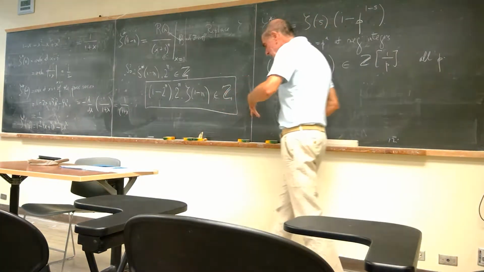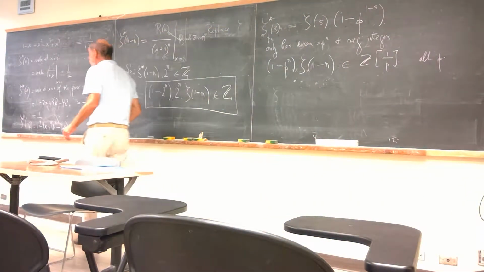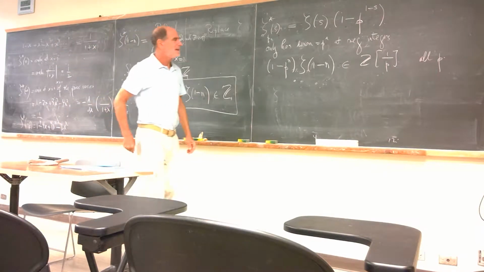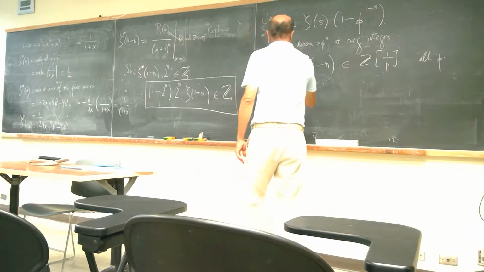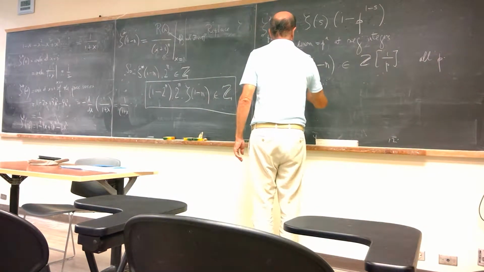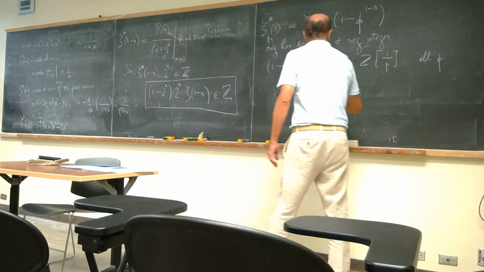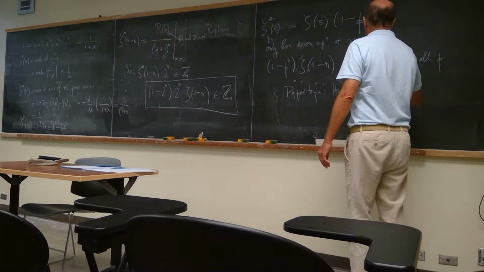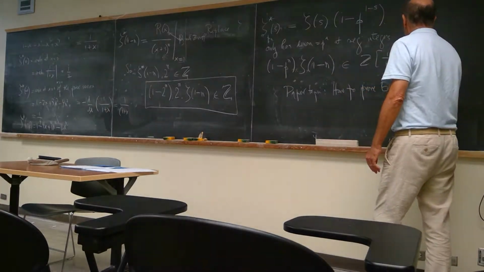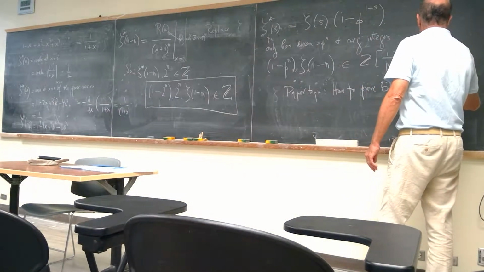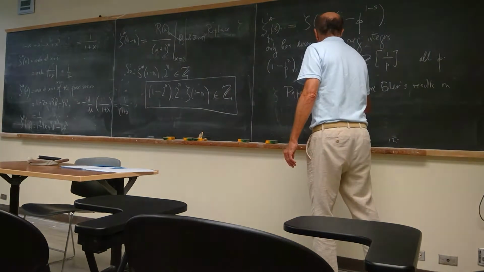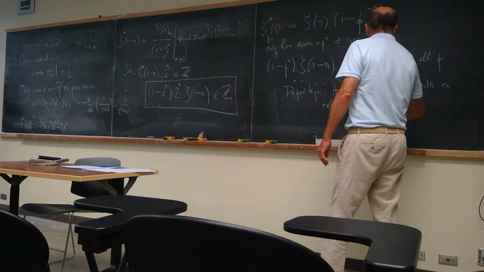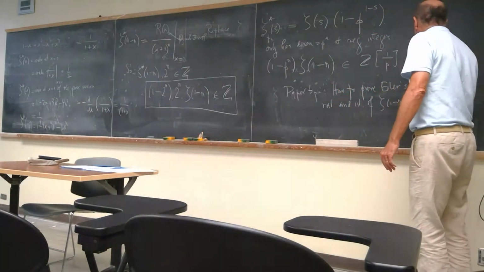So people have asked me, what will I write a paper on? What would a paper in this course be? So this would be a paper. A good paper topic would be how to prove Euler's results on rationality and integrality of the zeta function at 1 minus n rigorously.